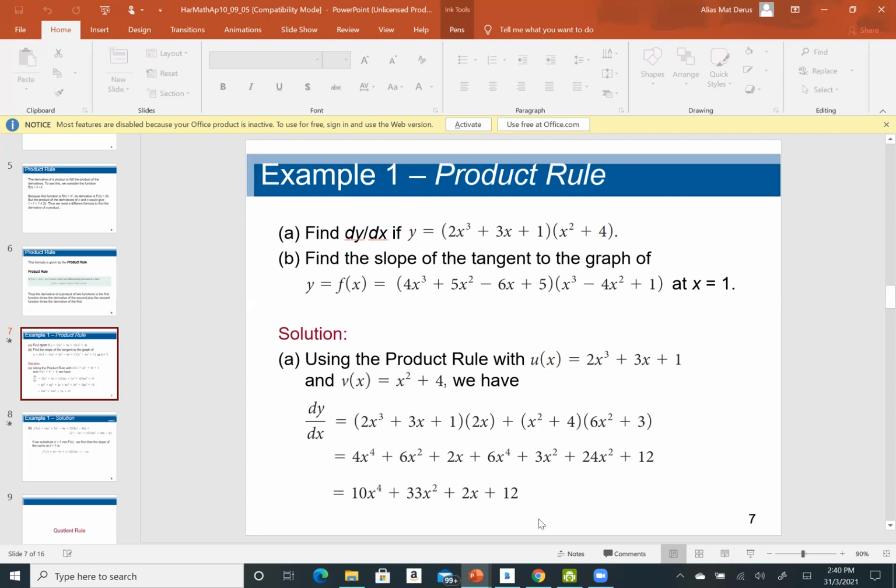So what is v prime? 2x. Okay, so you find u prime, find v prime, and then put into the formula. The formula is y prime is equal to u prime v plus v prime u. Finish it up. You don't have to simplify. Just do it up to the formula, u prime times v plus v prime times u.